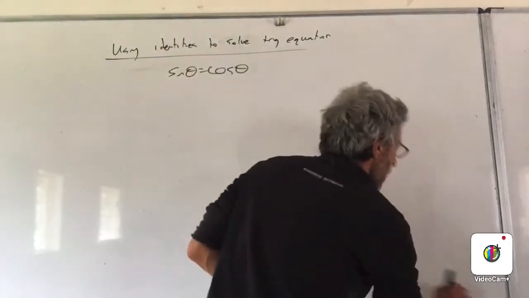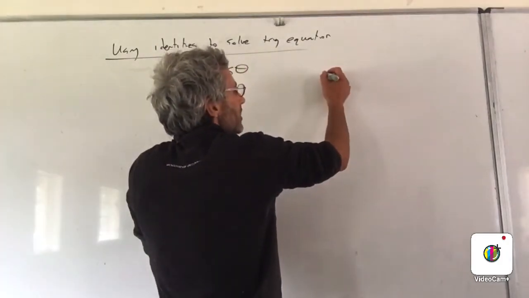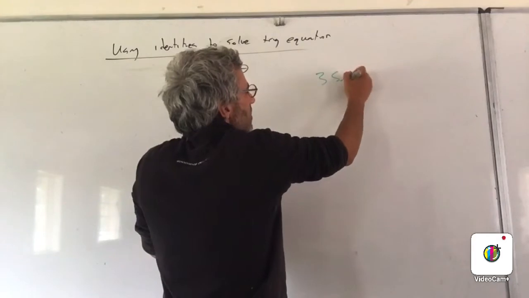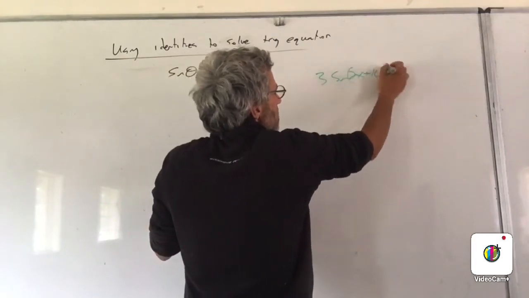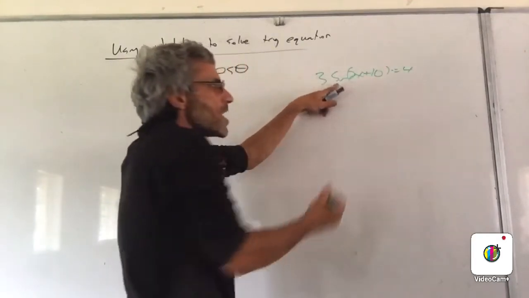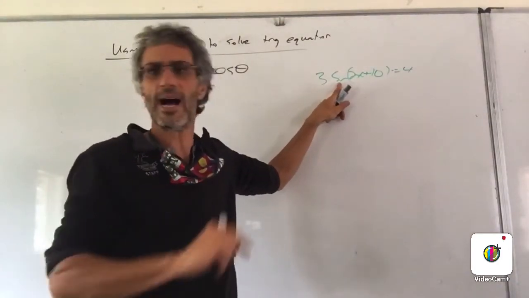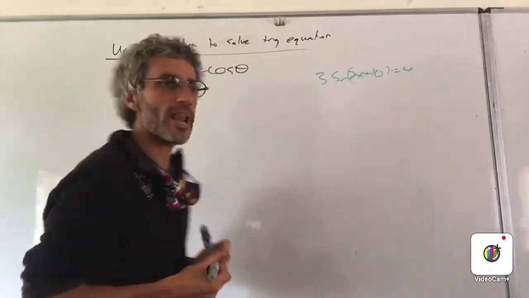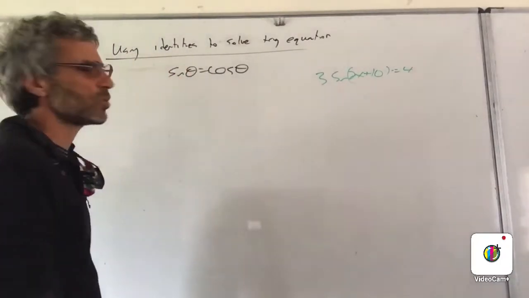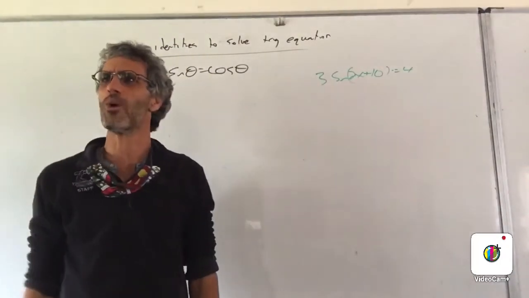All the equations that we had so far were like 3 sine 2x plus 10 equal 4. It only involved one trig function, a sine or cosine or tan. Now, look at this, sine theta equal cosine theta. So we've got two trig functions.